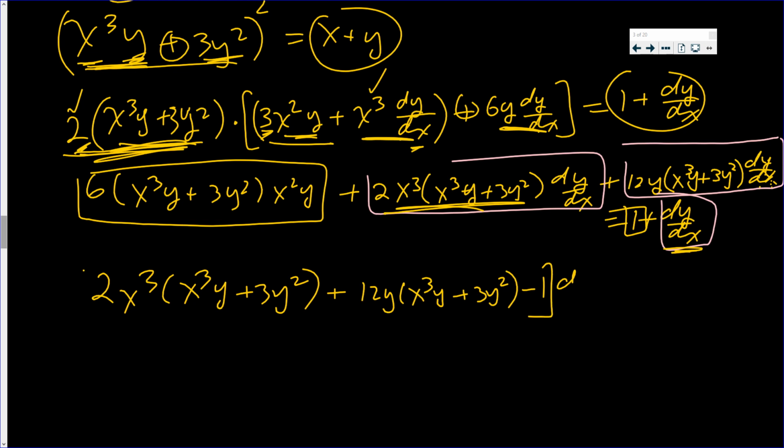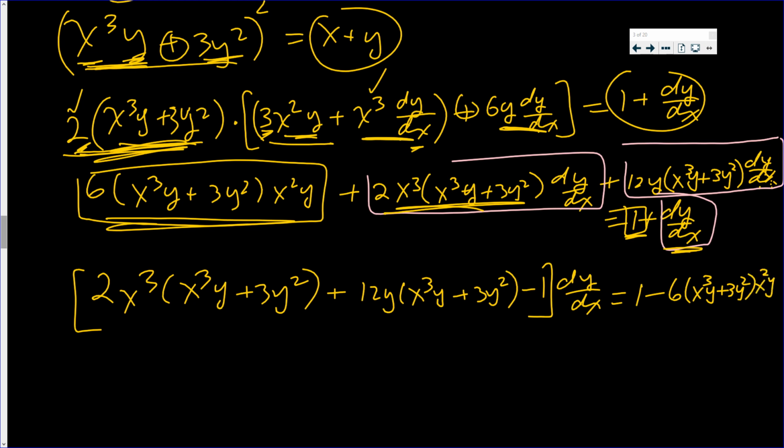And all of this is dy dx. And this is the left side. The right side is going to have this 1 minus this when we bring it over. 6 times x cubed y plus 3y squared times x squared y.